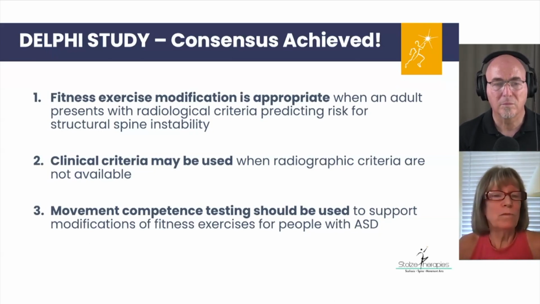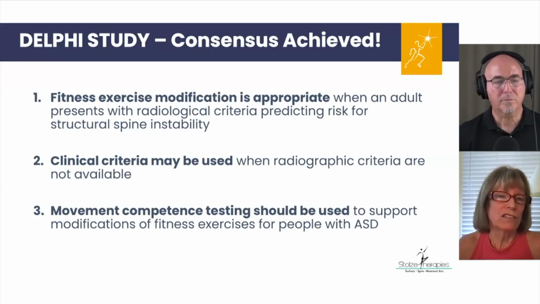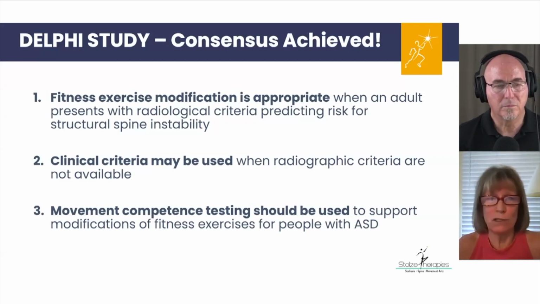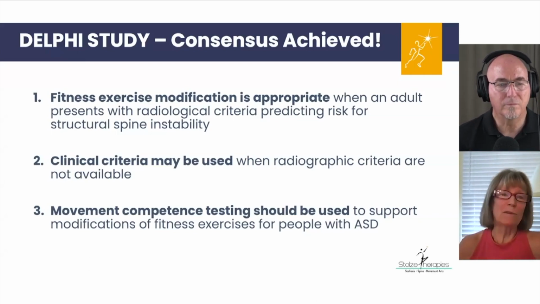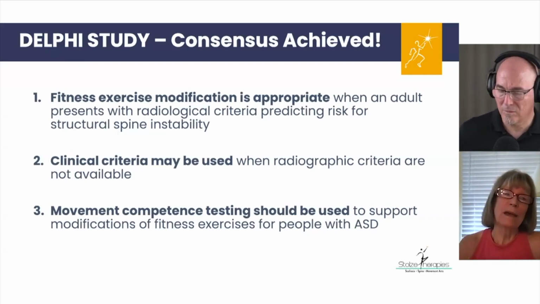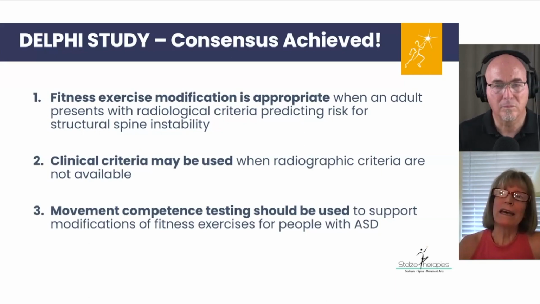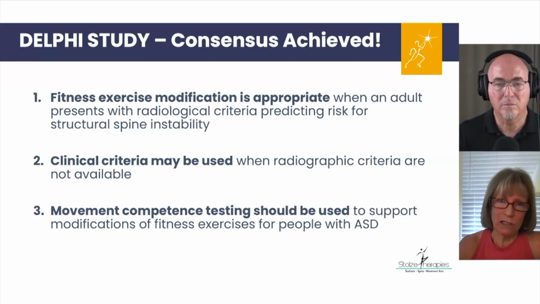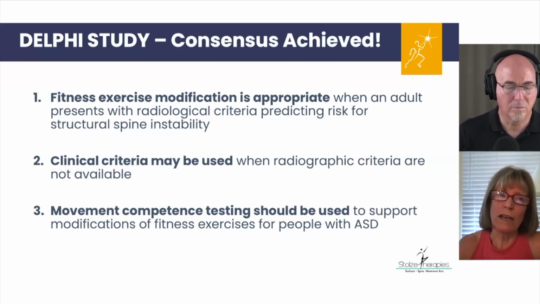And number three, movement competence testing should be done to support modifications of fitness exercises for people with adult spinal disorder. That being said, that's the end of the presentation. I'm hoping that with this Delphi study, we can get this published and at least present some guidelines to the fitness community for working with people with adult spinal disorders.